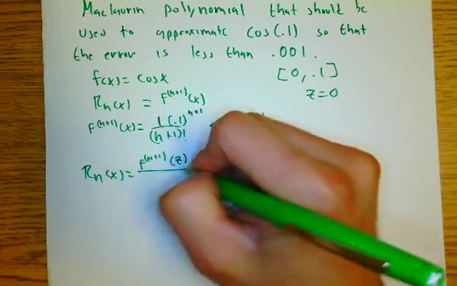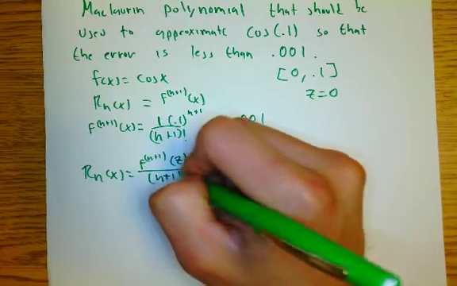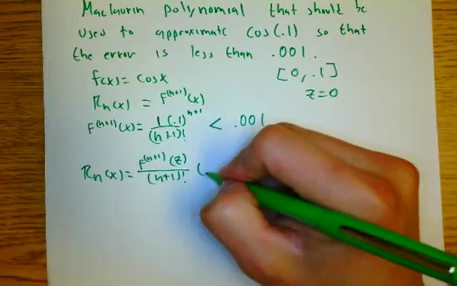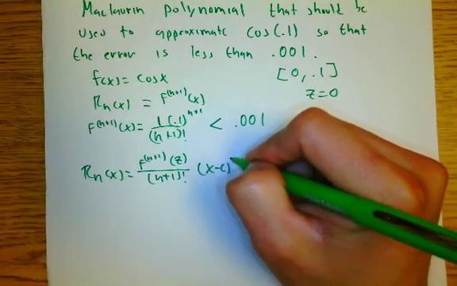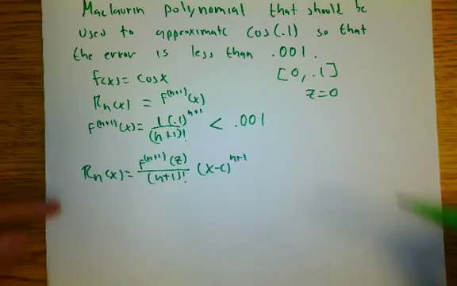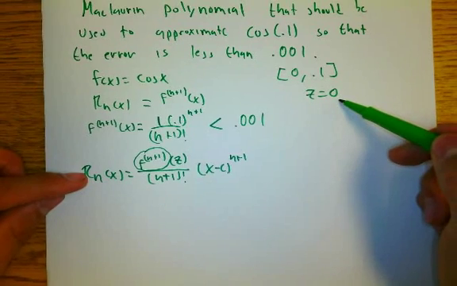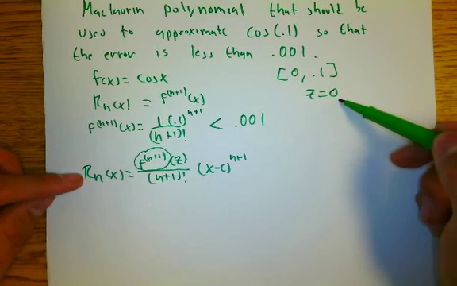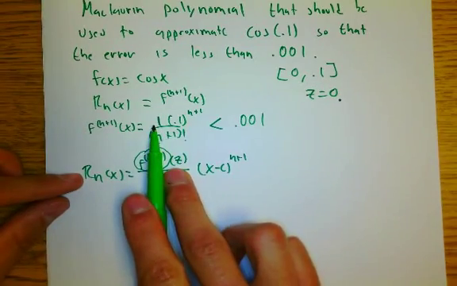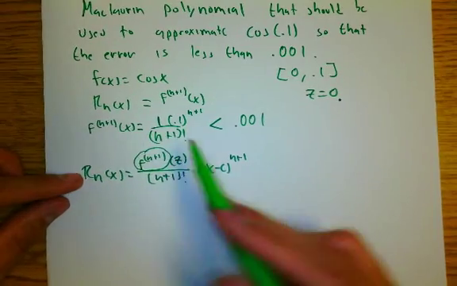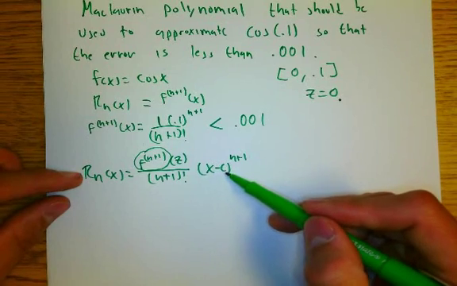That's where this 1 came from. The n plus 1 factorial is there. And then the x minus c, well, if c is 0, that's x minus 0, so it's just x. Your x was 0.1, so that's why it's 0.1 to the n plus 1 power. You guys with me? So here's what you have: 0.1 to the n plus 1 over n plus 1 factorial has to be less than 0.001.